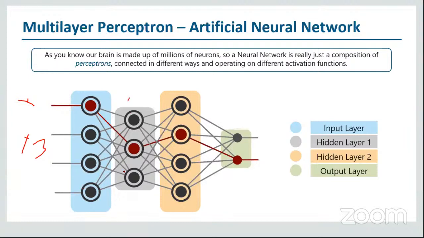This is your hidden layer, and this is a fully connected neural network, which means every neuron in your input is connected to all the neurons in the second layer, and all the neurons in the second layer are connected to all the neurons in the third layer, and all the neurons in the third layer are connected to all the neurons available in the fourth layer, which is the output layer. So this is the input layer, these both are your hidden layers, this is the final output layer.